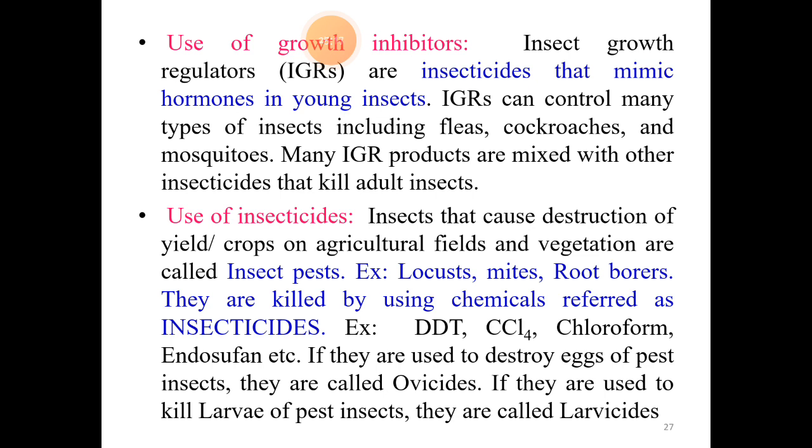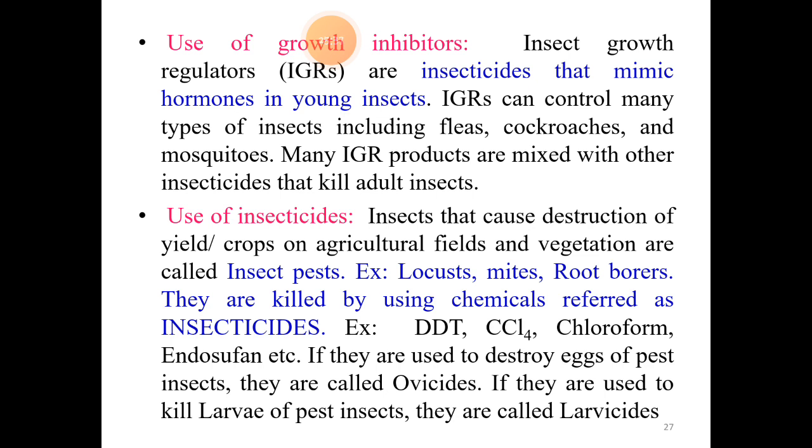It is commonly seen in use against cockroaches and mosquitoes. Chemicals are widely used as insecticides to eradicate insect pests like locusts, root borers, mites, etc.